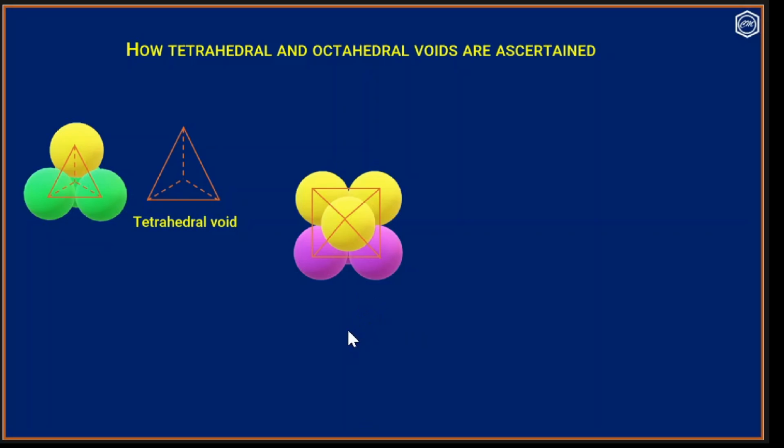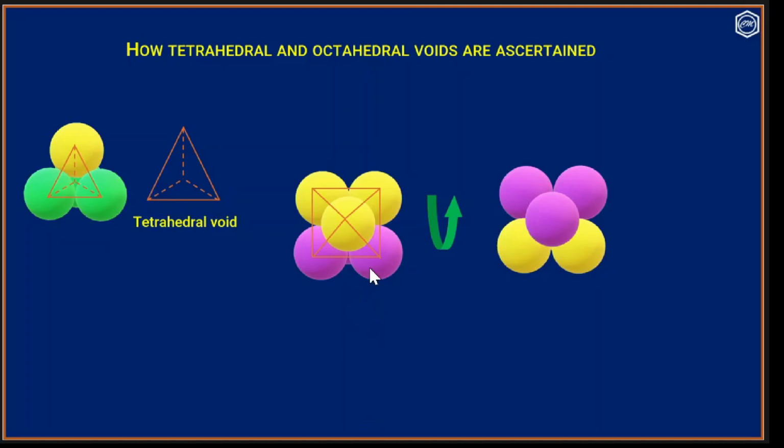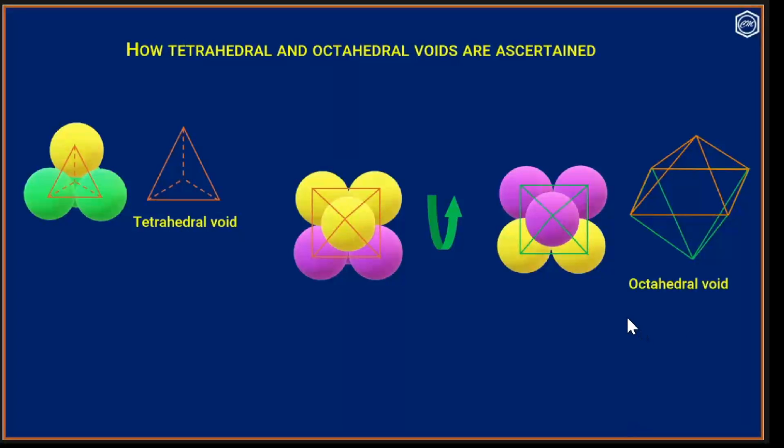Suppose I turn this figure in this direction so that the yellow sphere goes to the back side of the structure. Now mark like this. Now I am connecting these 2 structures. This is the upper structure and this one is the bottom structure. And when you connect these 2, you get an octahedron.